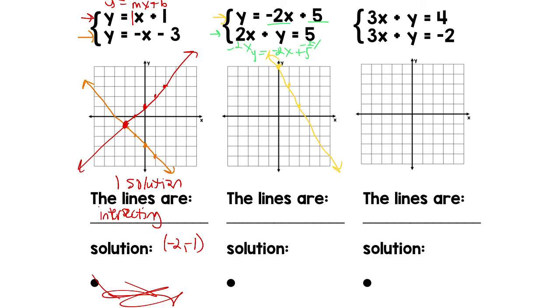That means these lines are the same. They lie one on top of the other one. That means they touch everywhere. So our solution is infinitely many. So this has an infinite number of solutions.